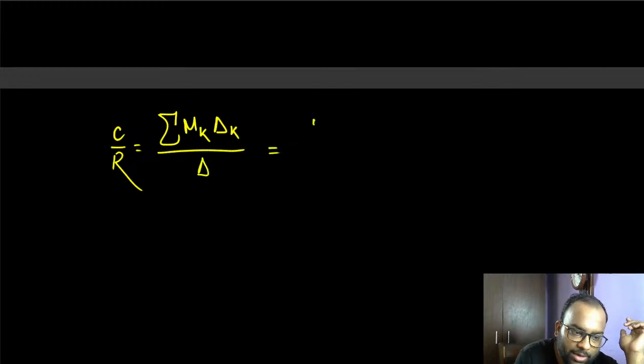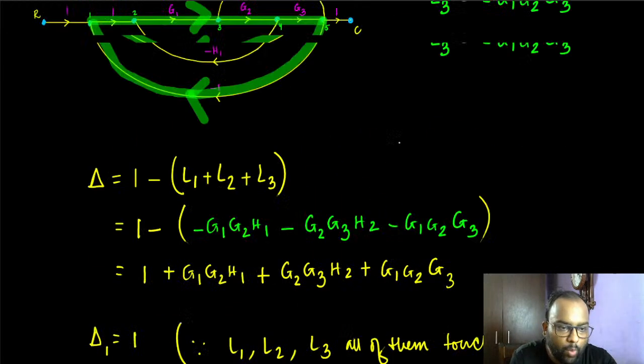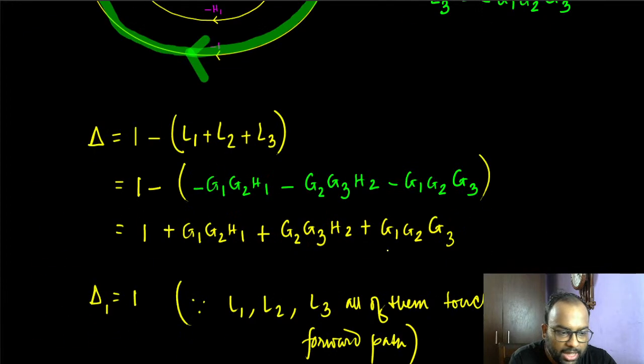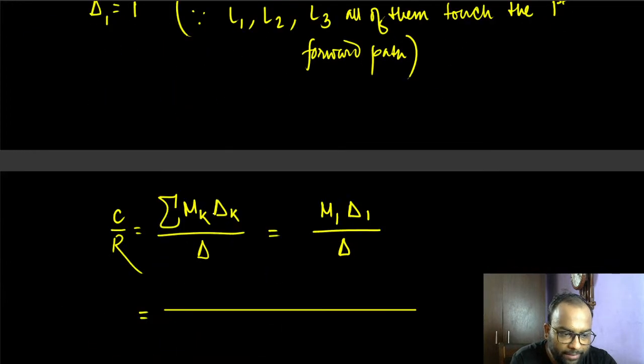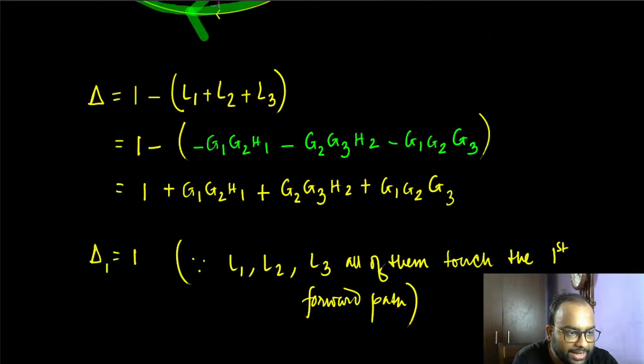Of course here I have only one forward path, so that's just m1 delta 1 over delta. What is m1? Let's go back. I know m1 is g1, g2, g3, and delta 1 is 1. So this is just g1, g2, g3, and moments ago I calculated delta.